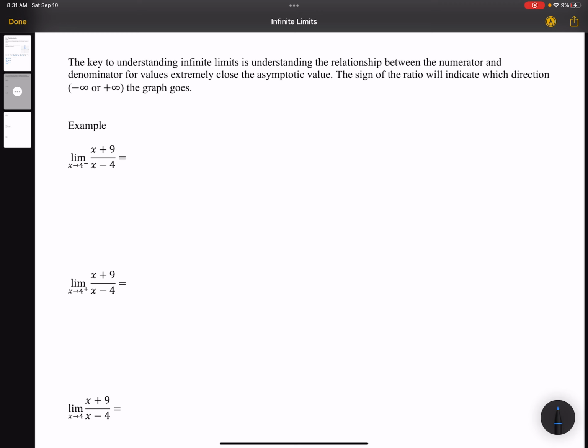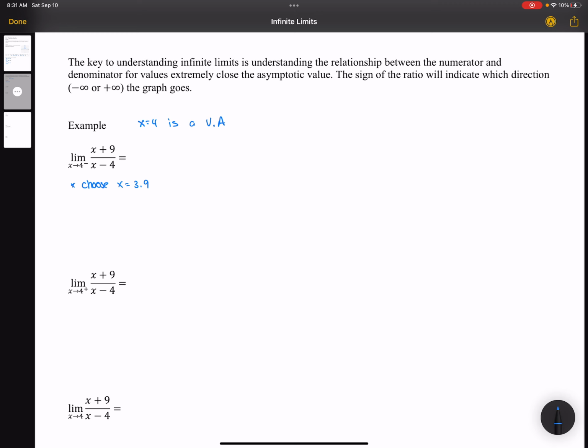So in this first example, we want to find the limit as x approaches 4 from the left. Now we clearly see that x equals 4 is a vertical asymptote. So since x can't actually be 4, we'll choose x equals 3.9, a value slightly less than 4.